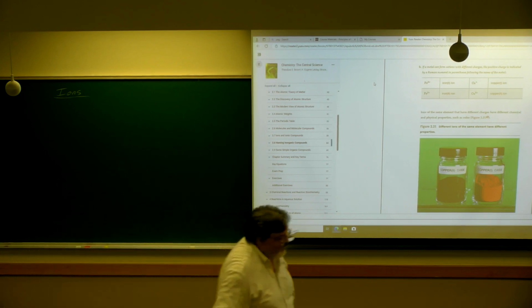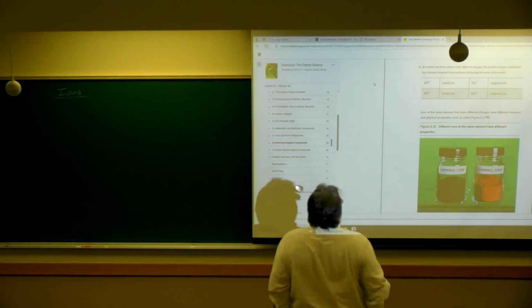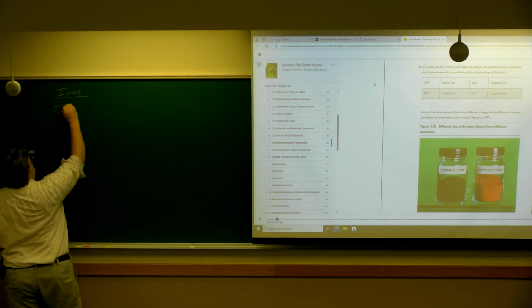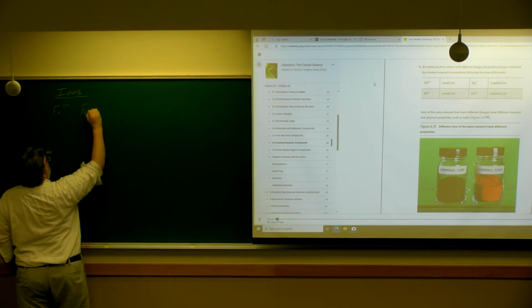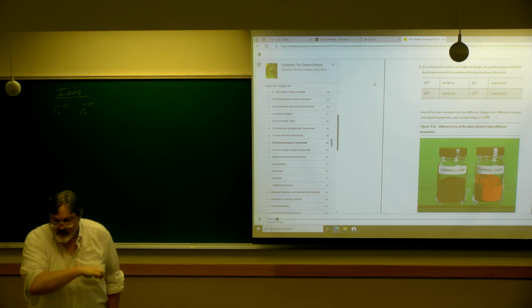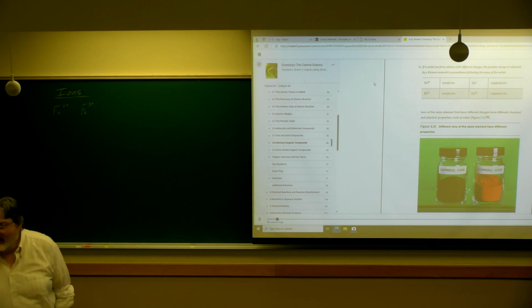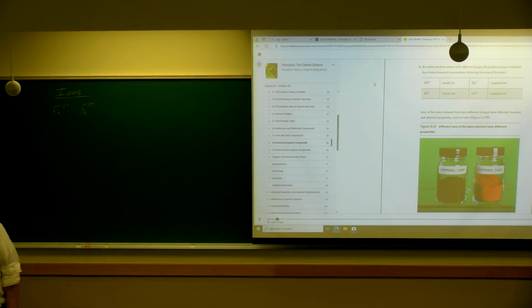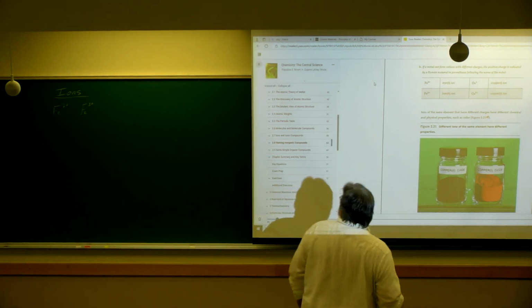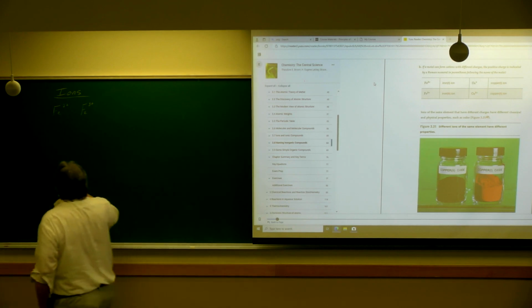And here's the thing about those, is there's such thing as Fe2 plus. So when I say they're not predictable, if I just say iron or I just say Fe, there's no way for you to know the charge on it. I have to tell you what the charge is because it could be either +2 or it could be +3. And copper has a +1 and a +2. I'll do another example with those.